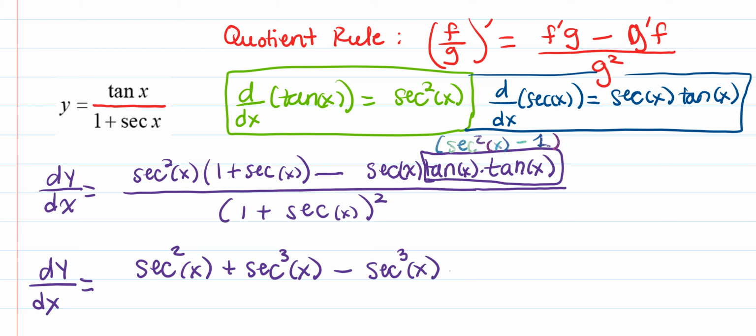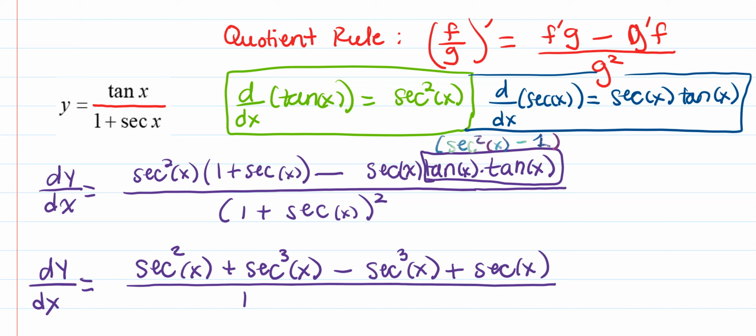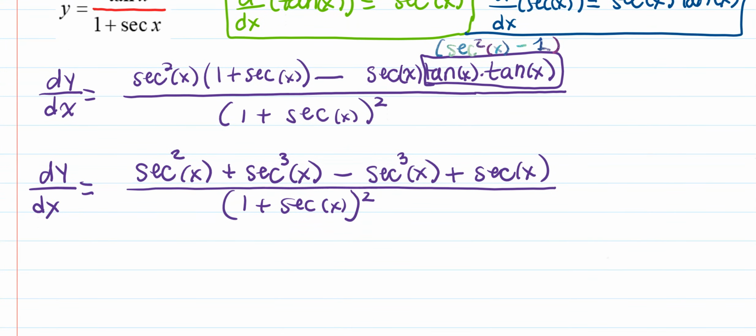Negative times a negative is a positive plus secant of x, all divided by 1 plus secant of x squared.